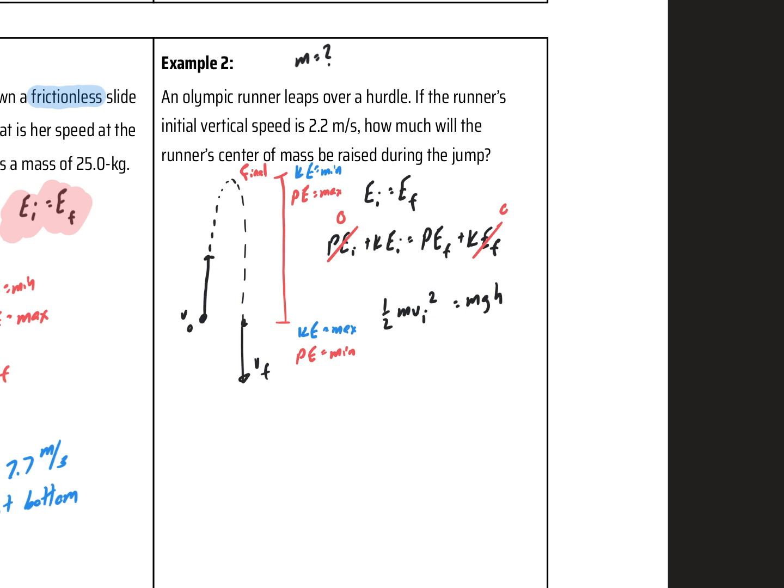We'll be able to calculate it later if we need to, but for now we're just going to run it this way. Solving for the height, how much did the center of gravity rise? Basically, how high did he go? Solve for h, I get vi squared over 2g. That is the height that the person is going to go. When you throw the numbers in there, you should get about 0.25 meters that he jumped.